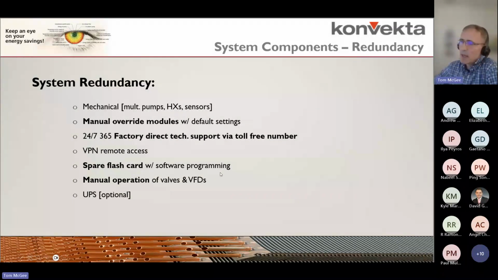And then we also provide a spare flash card with the software programming. So if something happens to the operating flash card, you've got a backup. You can plug that in, cycle power, start up again, and you should be off and running. And then we provide UPS on a lot of systems, in particular if we're providing primary heating functionality.